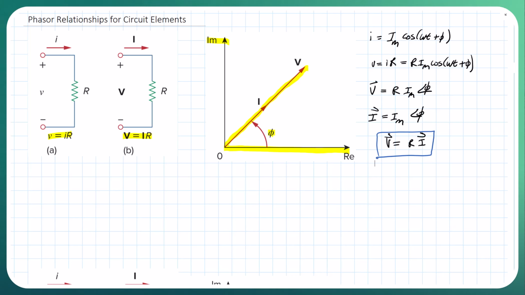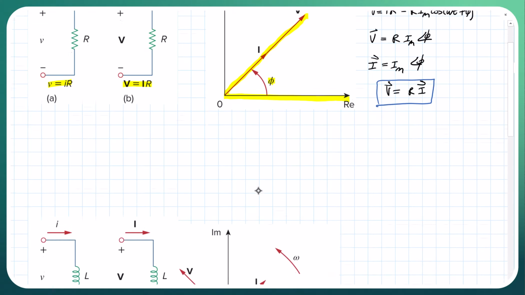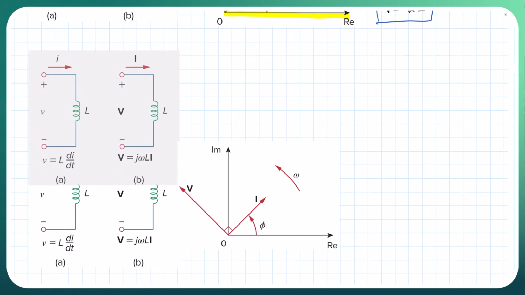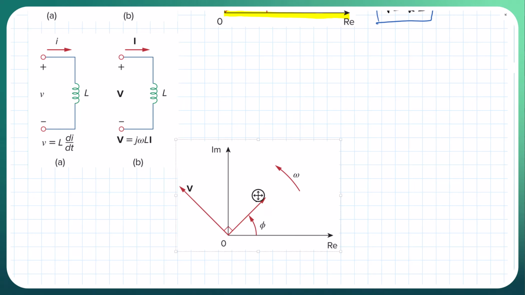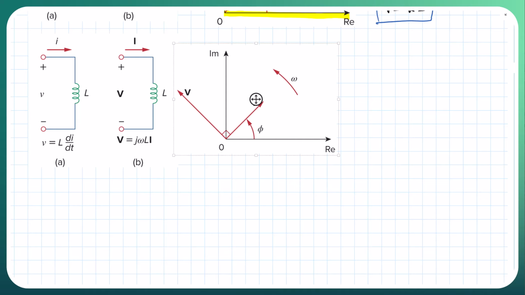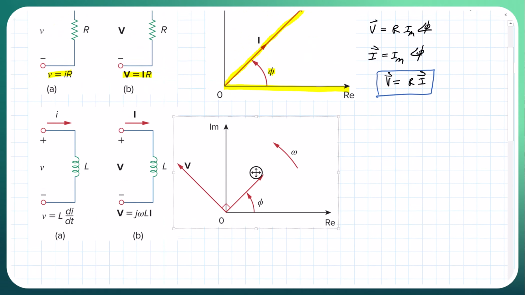We can do the same thing for the inductor, same concept, so let's go ahead and do that. Let's scroll back up here and bring this up for the inductor.